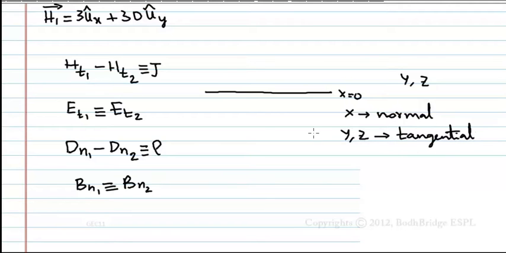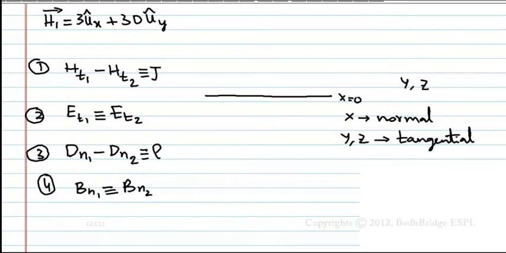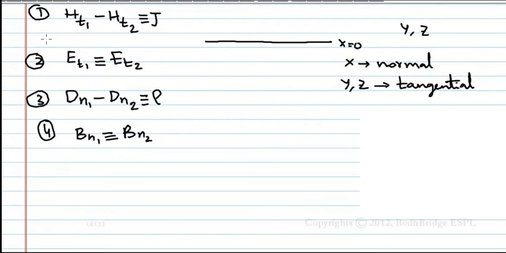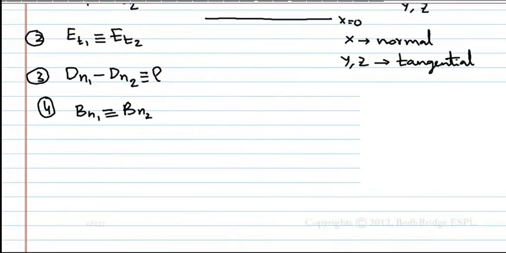In order to solve any question on boundary conditions, you should remember these four boundary conditions: HT1 minus HT2 equal to J, ET1 equal to ET2, DN1 minus DN2 equal to rho, Bn1 equal to Bn2. Also, if it is y equal to 0, then y becomes the normal component, and xz becomes the tangential components. This is what the theory is.